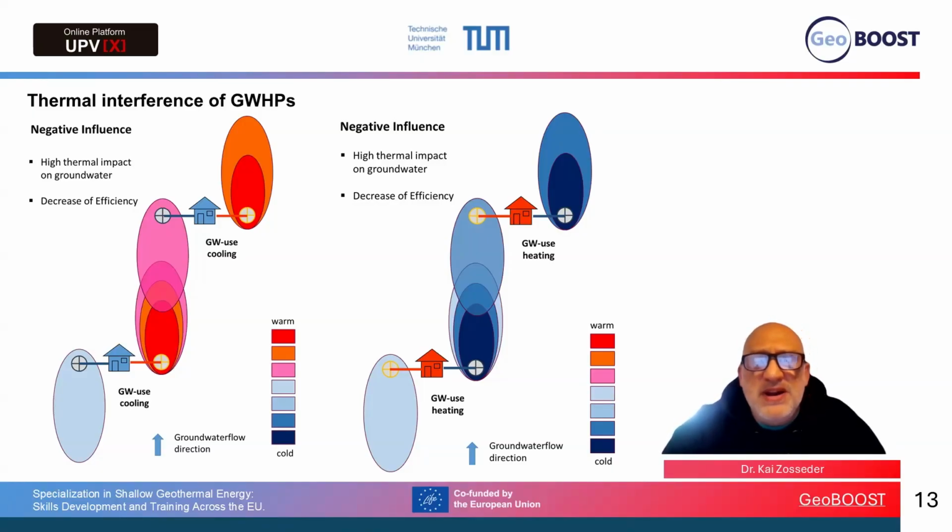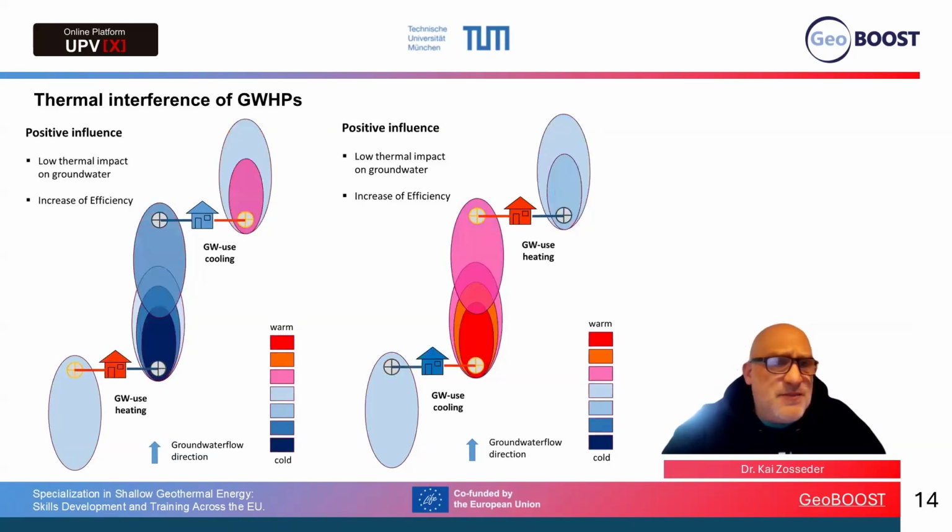So the heat pump needs more electricity to increase the temperature level to what you need for heating up your household. So the efficiency of this system is decreasing as well. This is, of course, what we want to avoid and manage a little bit.